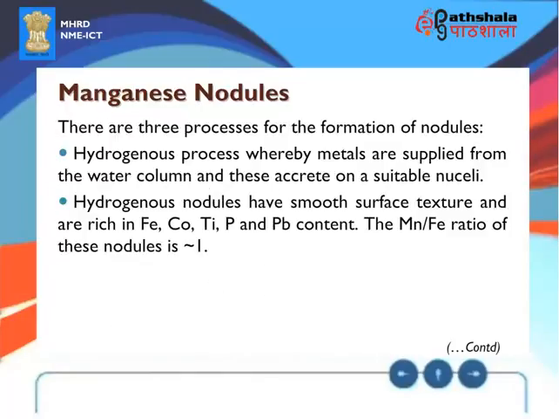Manganese nodules. There are three processes for the formation of nodules. Hydrogenous process, whereby metals are supplied from the water column and these accrete on a suitable nucleus. Hydrogenous nodules have smooth surface texture and are rich in iron, cobalt, titanium, phosphorus, and lead content. The manganese-iron ratio of these nodules is approximately 1.